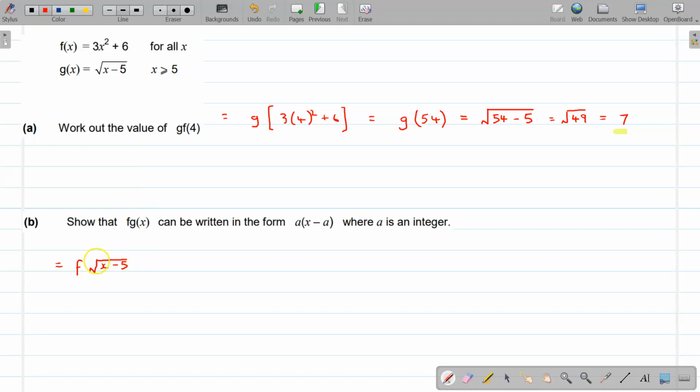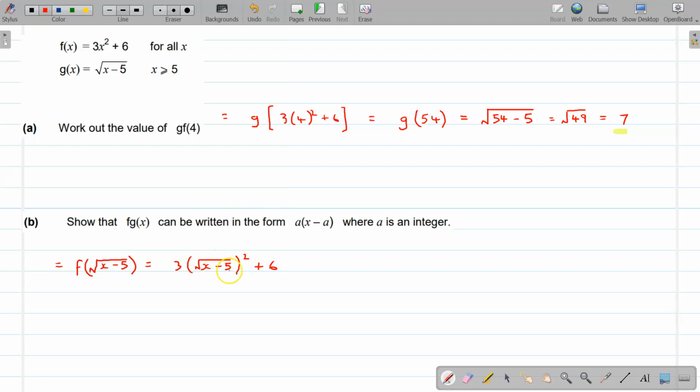Okay, and that is equal to 3 lots of the root of x minus 5 squared. Now I'm deliberately writing it out in full to show that. Okay, I know that the square root of x minus 5 squared is just x minus 5, but I'm still showing the steps because I want the marks. Okay, plus 6.